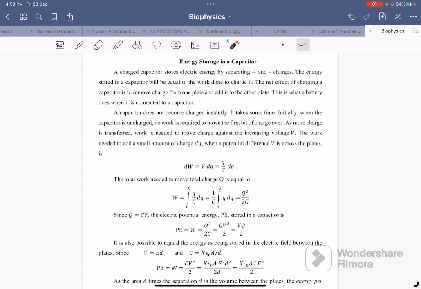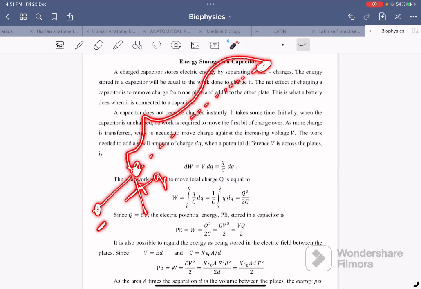So suppose, let's say there is a charge, an unknown charge here, maybe positive or negative, doesn't matter. And suppose there is a negative charge. The potential difference must be the work done required to bring this charge up to a certain distance.